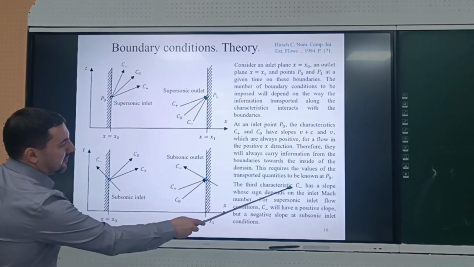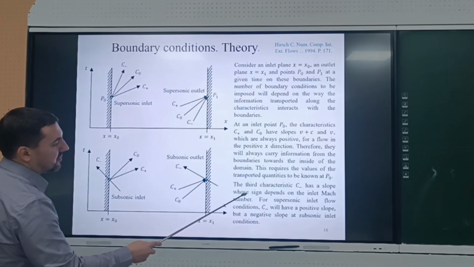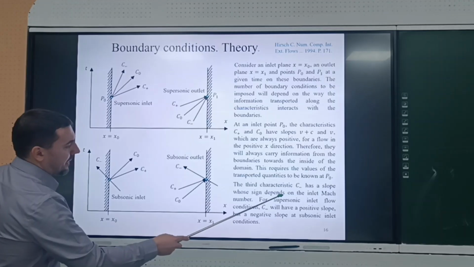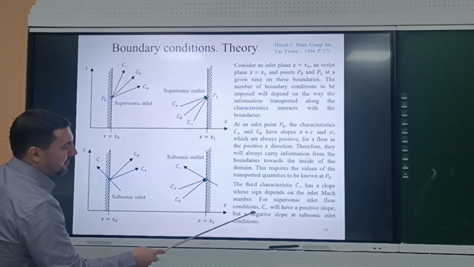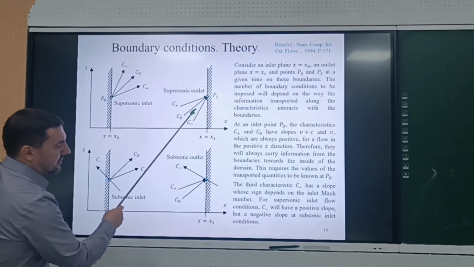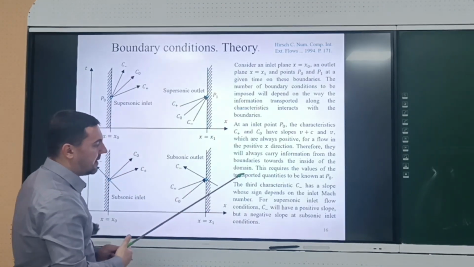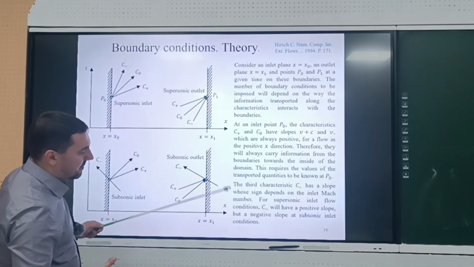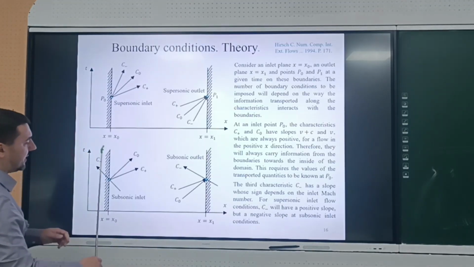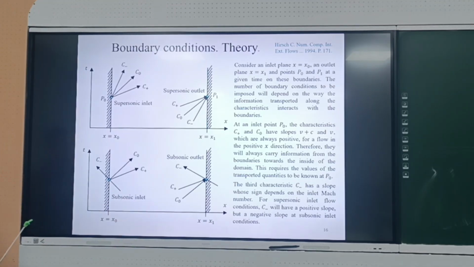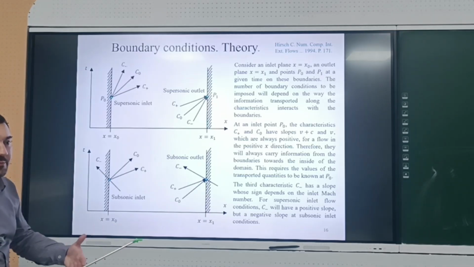The third characteristic, C minus, has a slope whose sign depends on the inlet Mach number. For the supersonic inlet flow condition, C minus will have a positive slope. So if V is greater than C, supersonic inflow, it's a positive slope, but a negative slope at a subsonic inlet condition. So if you have a subsonic inlet, the C minus slope is less than 0. You can see that this is a principal difference.